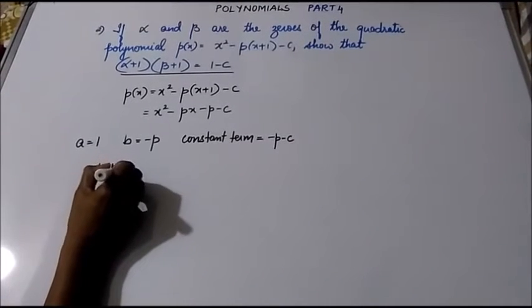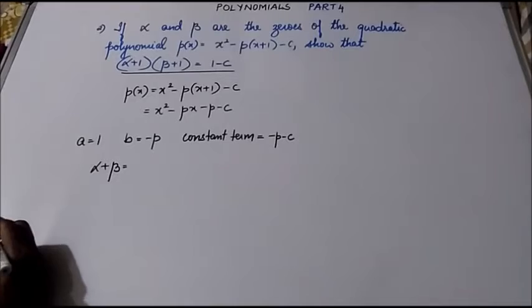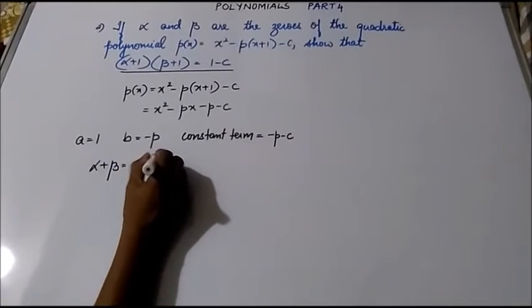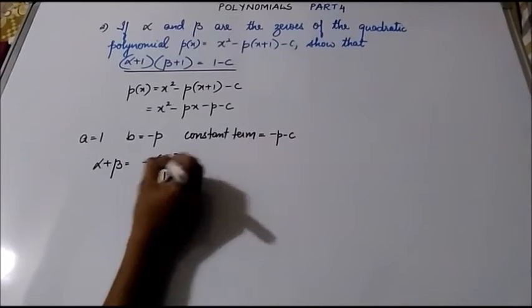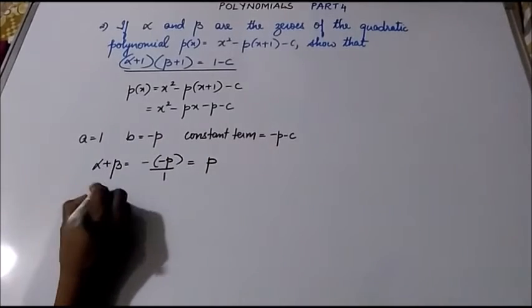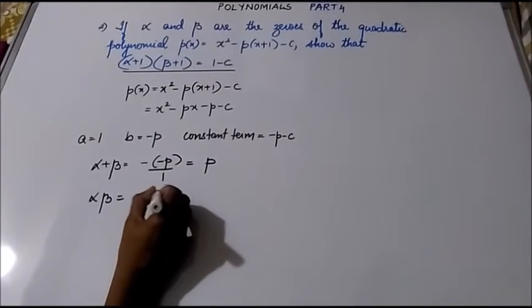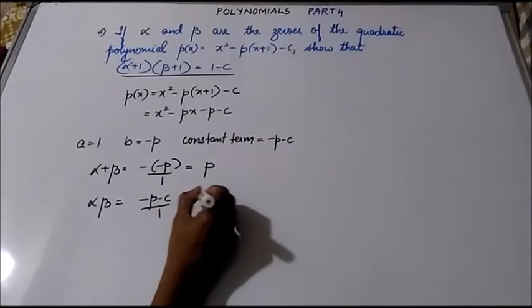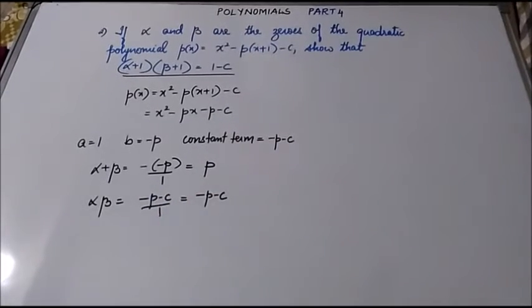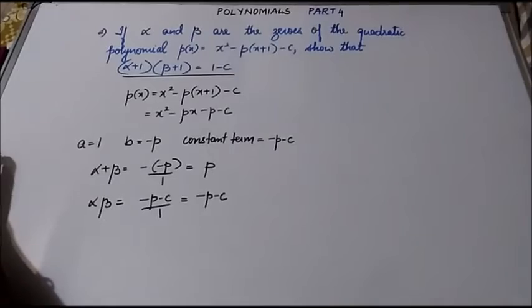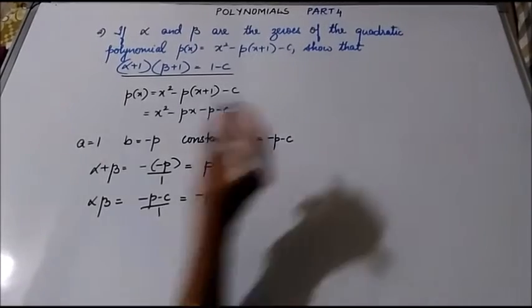Alpha plus beta is equal to minus b by a, that will give me minus of minus p by 1, that is equal to p. Alpha into beta is c by a, that is minus p minus c by 1, that is equal to minus p minus c. Now let us go and see what we have to prove.